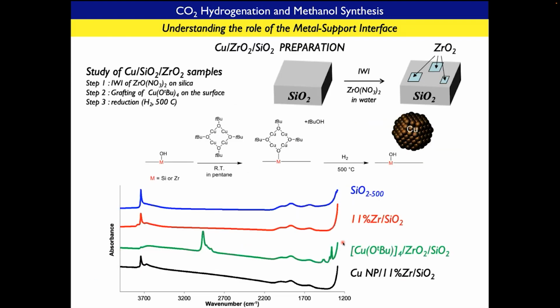First, we took a silica nanoparticle with the same surface area and doped this silica with zirconia, and used this doped support to grow copper nanoparticles. The advantage of this approach is that we have a very high surface area support, and on all supports we generate copper particles of the same size, in more or less the same surrounding containing zirconia.